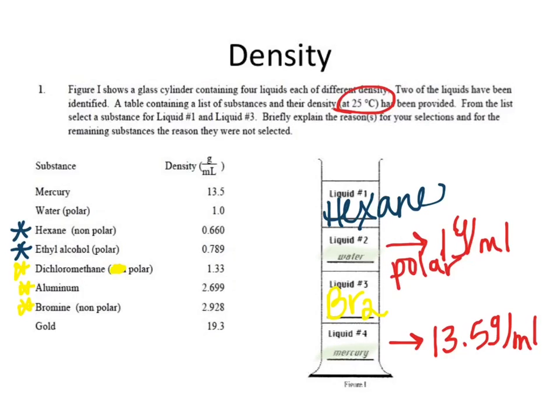Okay, so that's why we didn't choose aluminum, because it's a solid. And then dichloromethane is polar, which means it would mix with water. Any questions over that? So you kind of have to look at it and break things down to what we know.